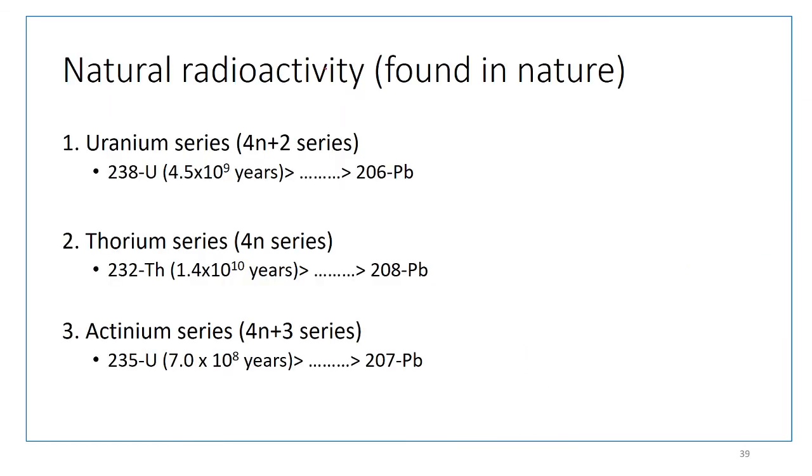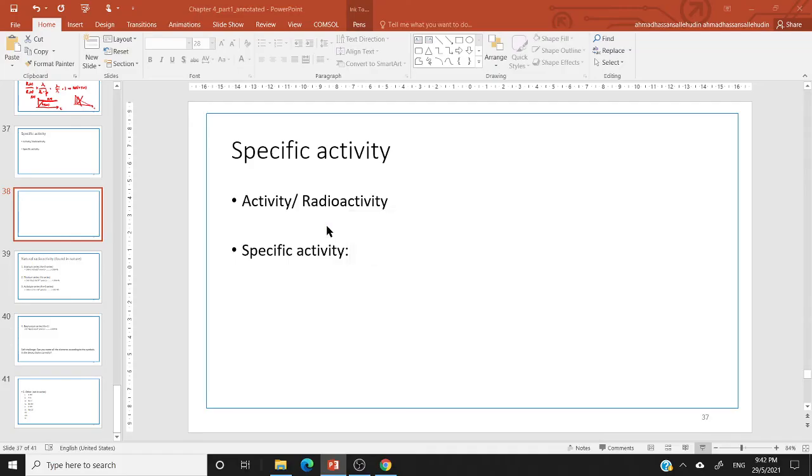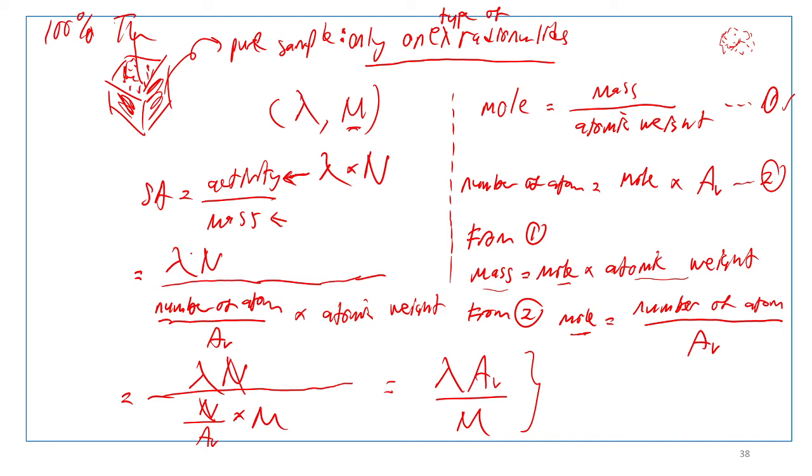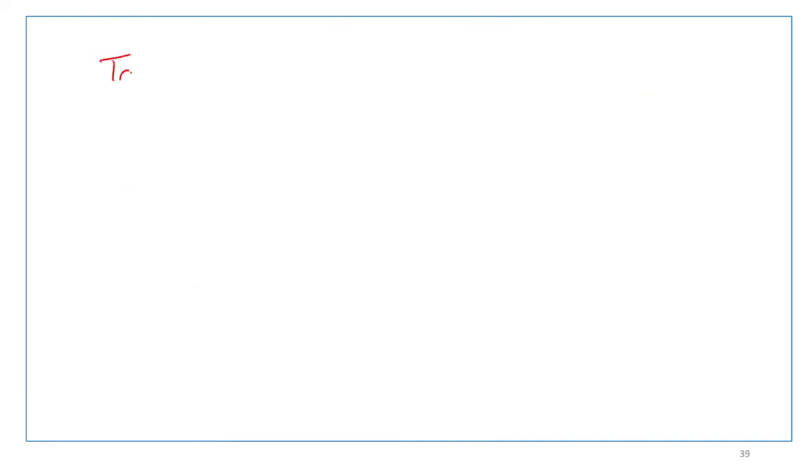For example, let's say tritium. If all nuclei in the sample are tritium, then the specific activity for this tritium sample is equal to lambda times Avogadro constant over the atomic weight of the tritium.